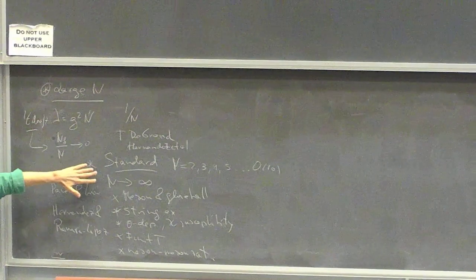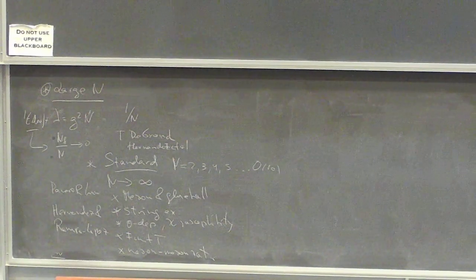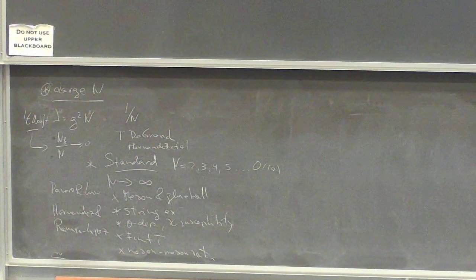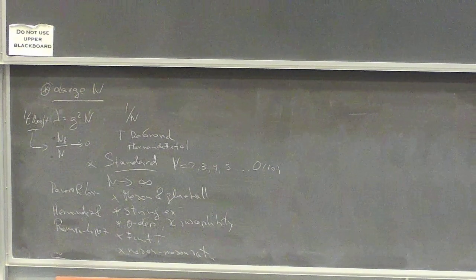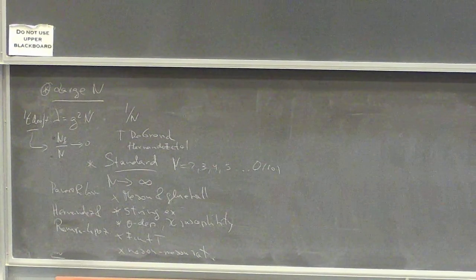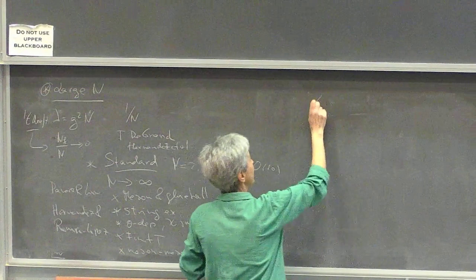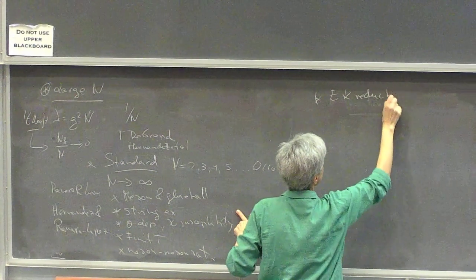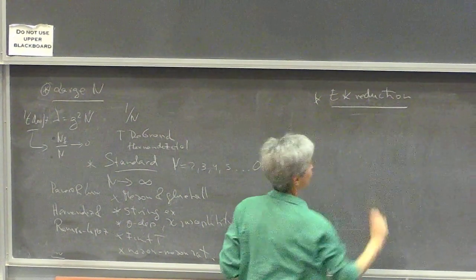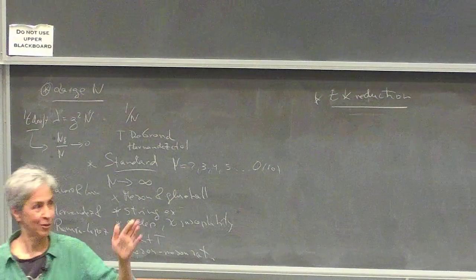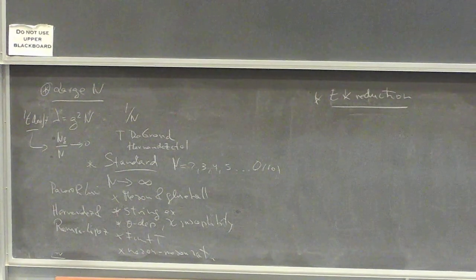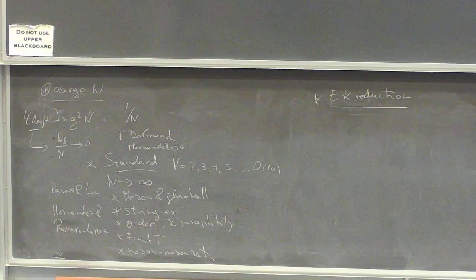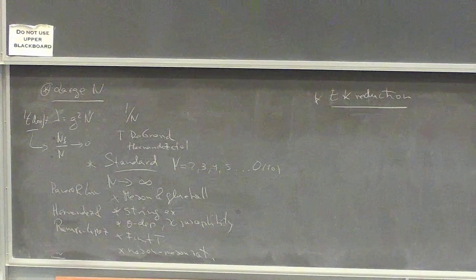So what I'm going to focus on more here, because I have worked on it, is an alternative approach that dates to the 70s. It's really very old, and goes under the name of Eguchi-Kawai reduction. For what remains of this first lecture, I'm going to describe a little bit what Eguchi-Kawai reduction is.